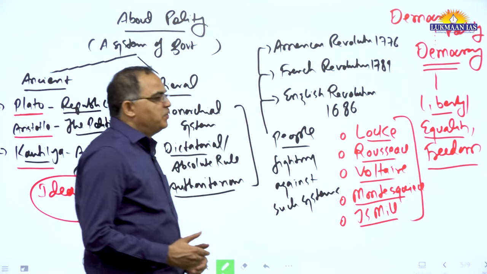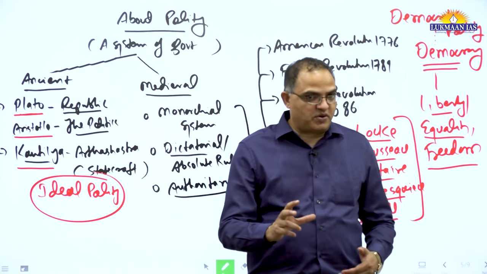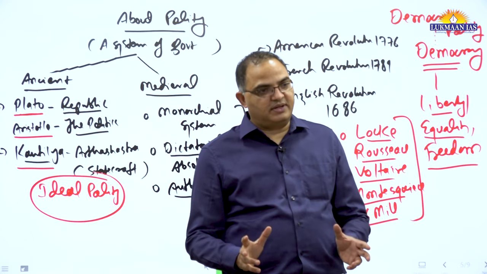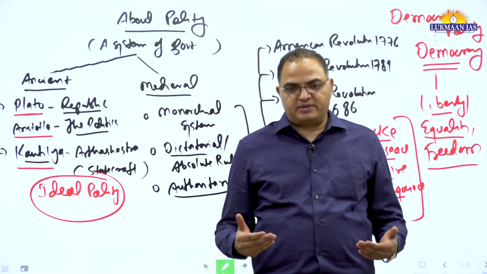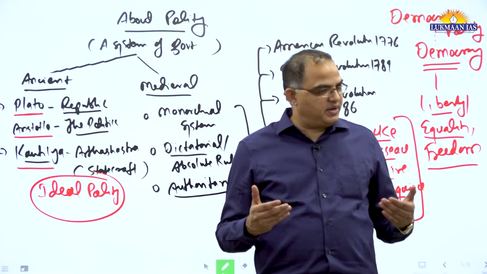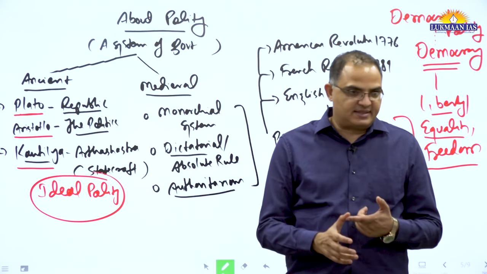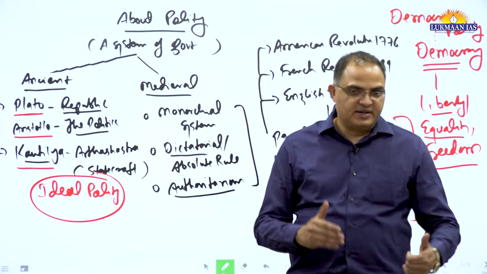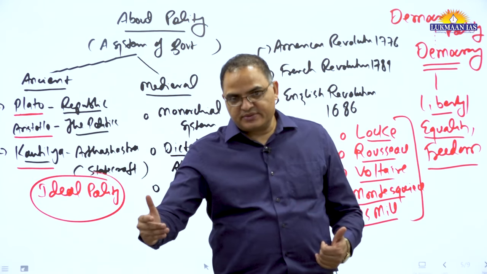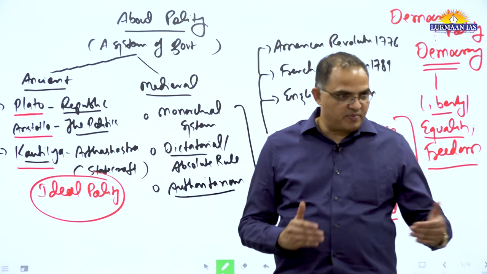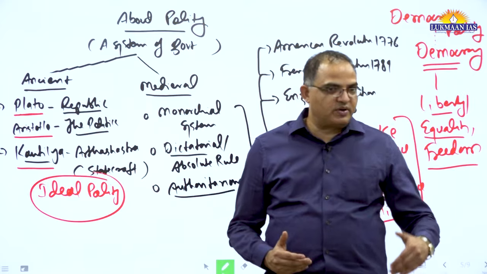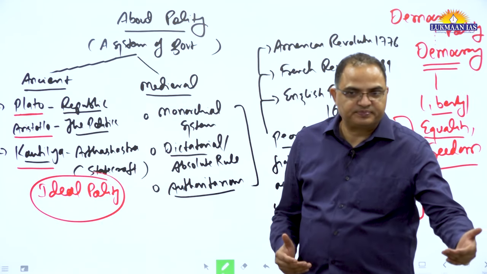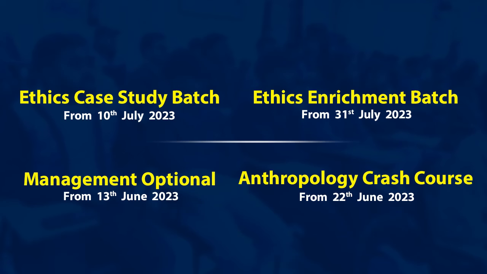So what we have told is that this polity subject that you are going to deal with or know is about the system of government. And that system of government will give you knowledge about the state, its nature and characteristics: unitary state, federal state, presidential form of government or parliamentary form of government, written constitution or unwritten constitution. Then we have to know about each one.